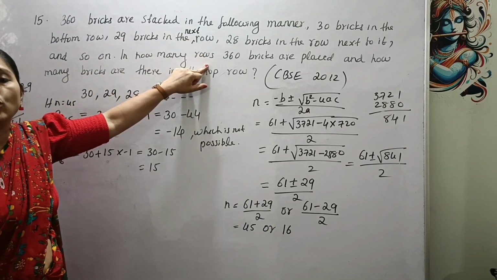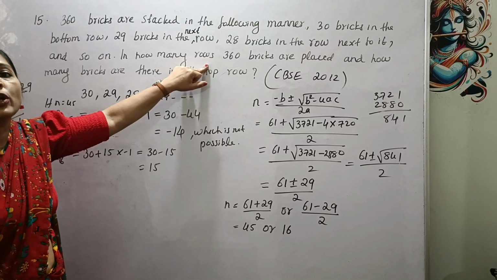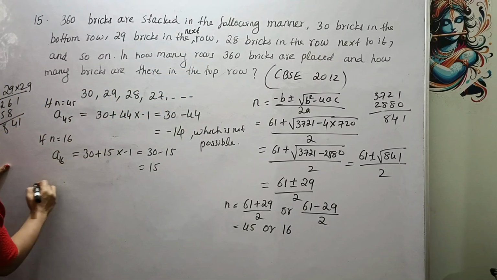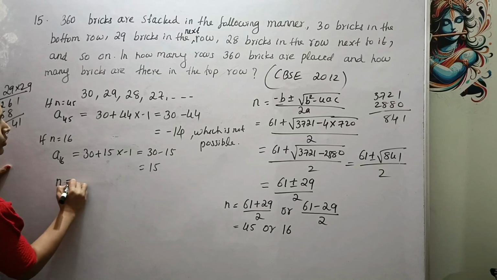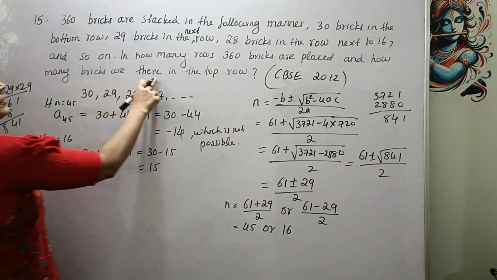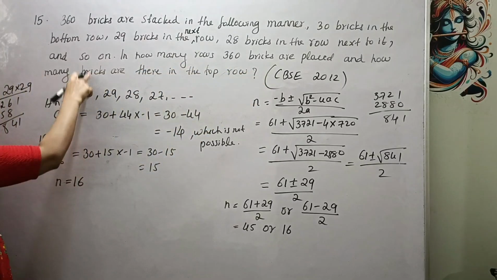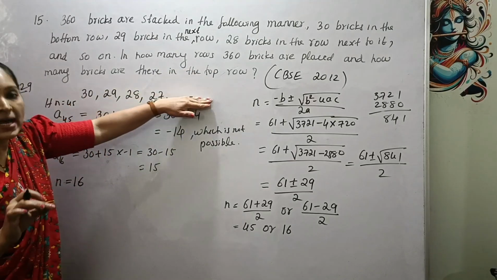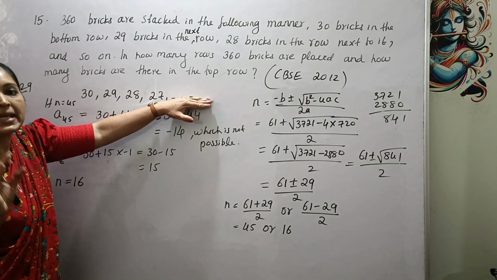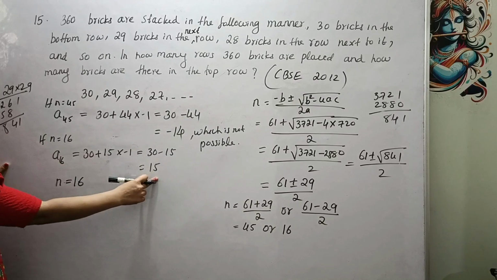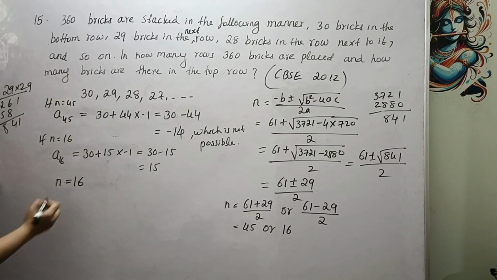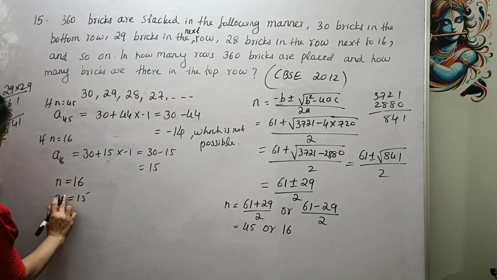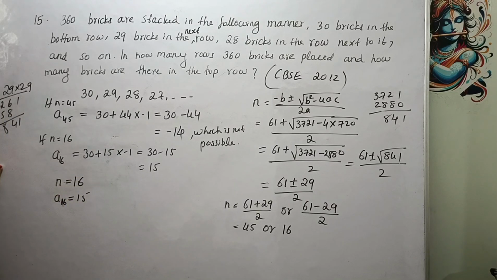That is the value of n. So n is equal to 16, and how many bricks are there in the top row? That is the last term, so we can write a n is equal to 15, or A 16 is equal to 15.